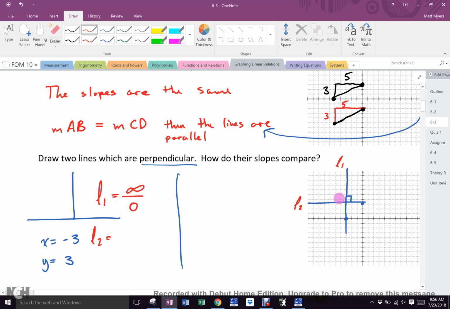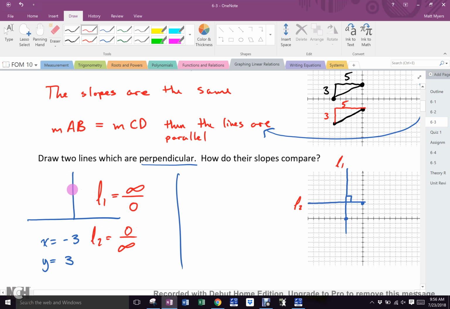What's its rise up and down? 0. What's its run? How far left and right will it go? Infinite. What do you notice about the two lines? What's the word for that? They are reciprocals. Everybody cool?